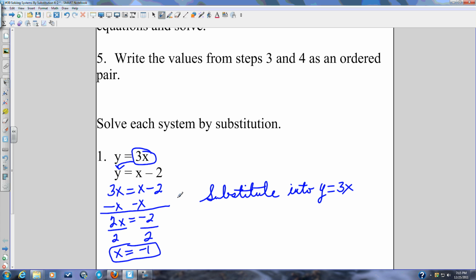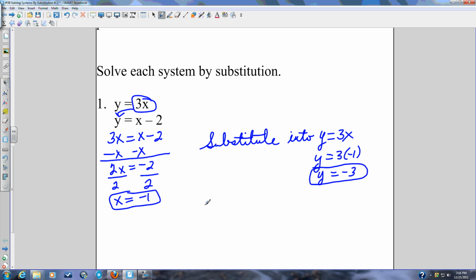You notice that was our first equation. We were using the second one when we were solving. We're going to substitute it back into the first equation. So we've got y equals 3 times negative 1. So y equals negative 3. So we've got our values for x and for y, and we write our answer as an ordered pair, negative 1, comma, negative 3. And there is our final answer.